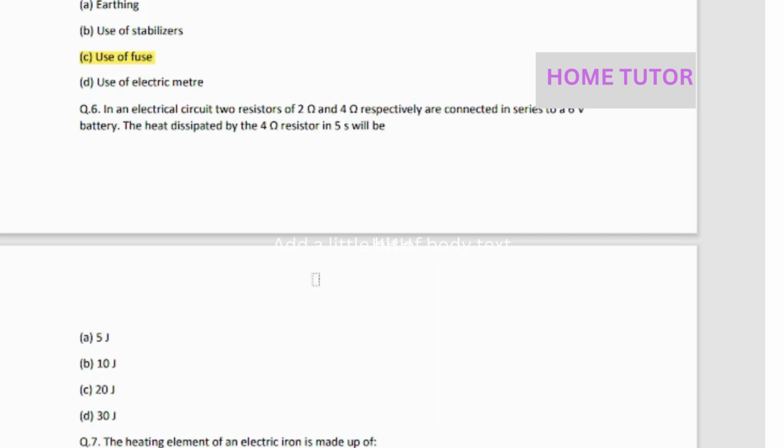So resistance R equals 2 plus 4, which equals 6. The current I equals 6 volt by 6 resistance. So current I equals 6 by 6 equals 1 ampere.